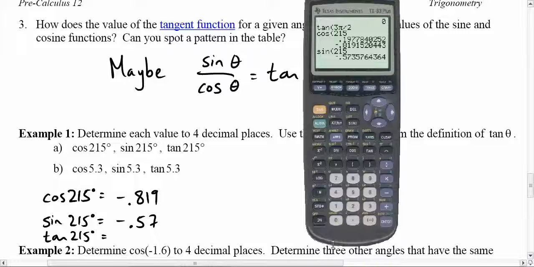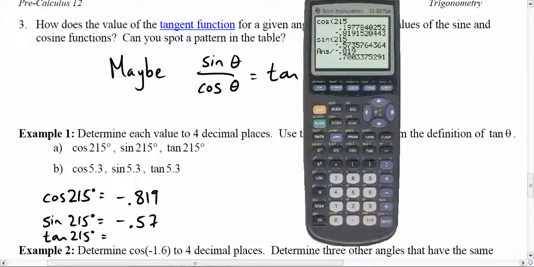Well, let's see what sine divided by cosine is first. So if I take the answer and I divide it by negative 0.819, I get 0.7. I'm just checking that guess, that maybe it's sine divided by cosine.